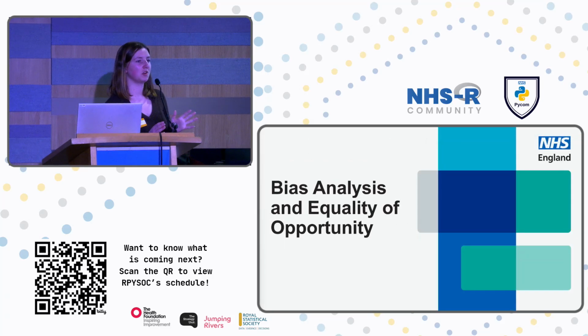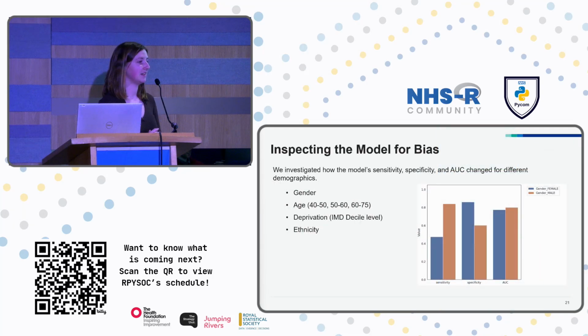So something I want to talk about, which is something very recent that we've been looking at in our team, is bias analysis and looking at equality of opportunity as well. In terms of the bias analysis, we wanted to analyse the model for bias, and we decided to look at 4 different demographic features that we had. This was gender, deprivation levels, ethnicity, and also age.